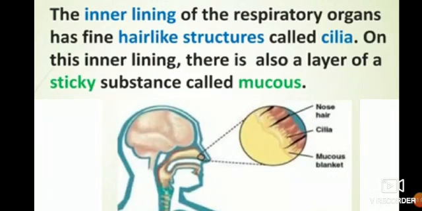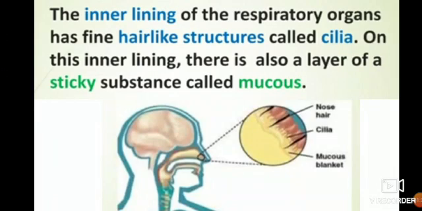That white liquid which comes out from our nose is called mucus.